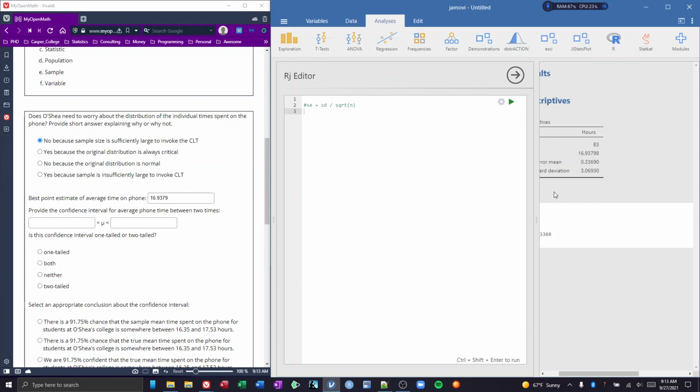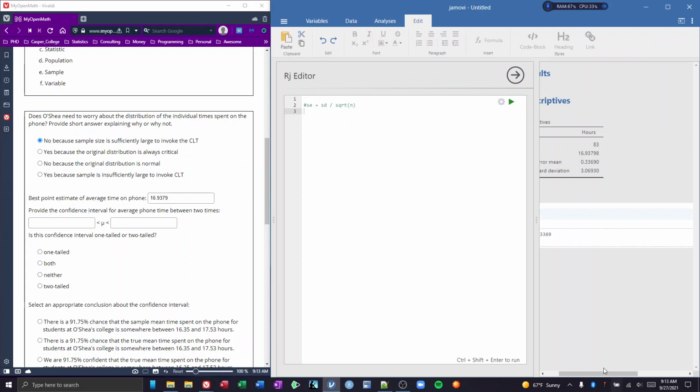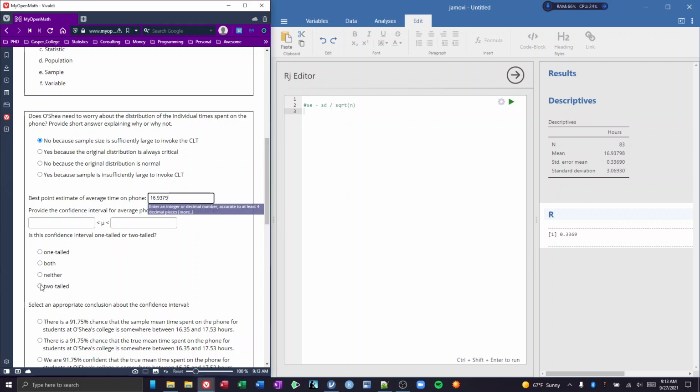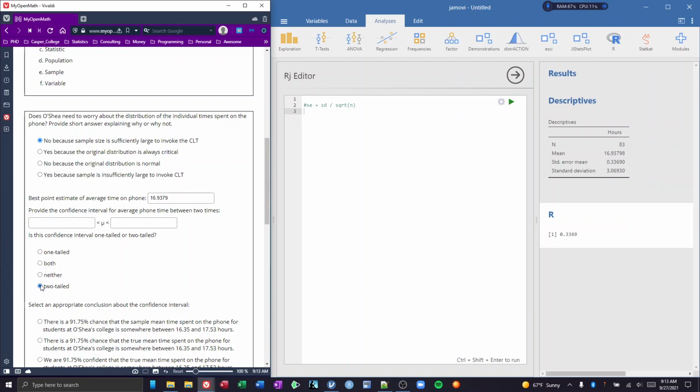Okay, so the next part that we are being asked about is a confidence interval. So we're looking for a confidence interval for the average phone time between two times. When we're looking for these between, it's actually a two-tailed confidence interval. We're looking for the upper end, we're looking for the lower. So real quick, I am going to give us our equation that we are going to use.